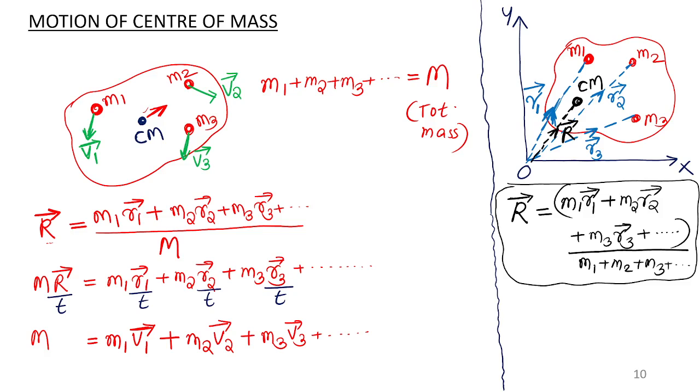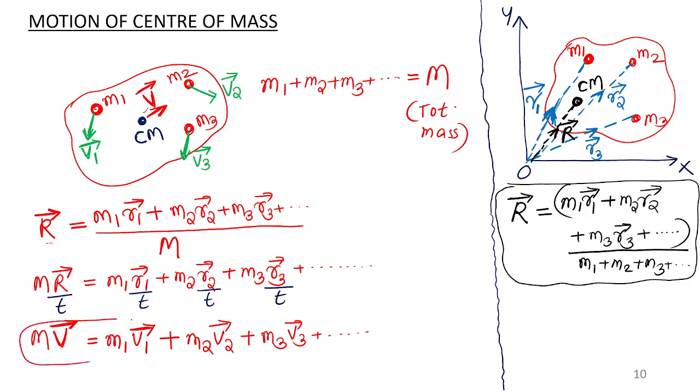The center of mass will be moving only if the component masses are moving, with a certain velocity denoted by capital letter V. Capital R by t means in 1 second how much position change happens for the center of mass. It is the velocity at which the center of mass is moving.